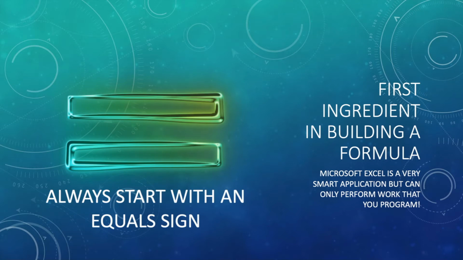It's very smart, but it can only perform work that you program. You're a computer programmer, guys, working in Microsoft Excel. So you will tell the computer, by putting an equal sign, I'm about to do some math. Get ready, Excel. Okay, so always begin with the equal sign and then enter your formula.